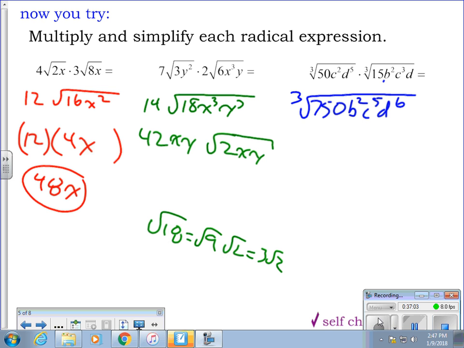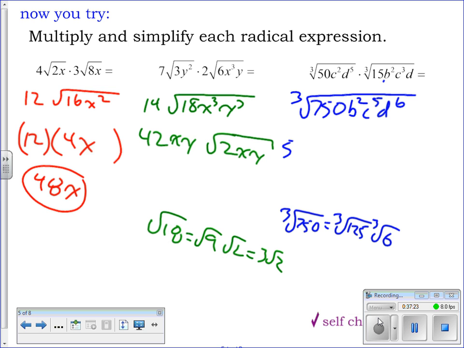So that means the cube root of 750 is the cube root of 125 times the cube root of 6. And the cube root of 125 is 5. So I have a 5 out front and the cube root of 6 left inside. And that's the hard part.